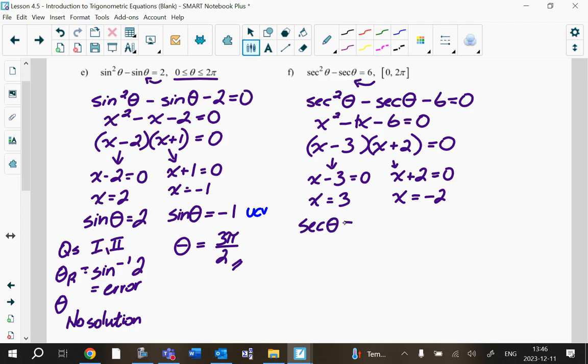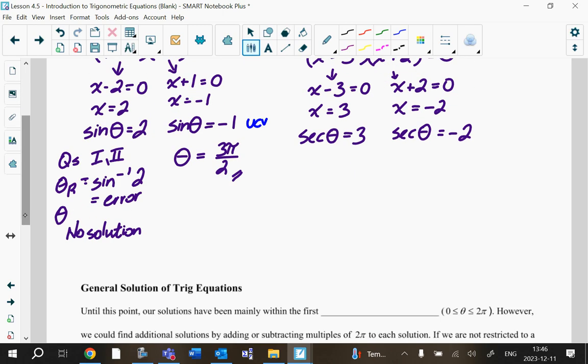And then replace that with sec theta. Remember what we did when we got one of these trig ratios? Flip it to the one we know, which means flip the other side too.